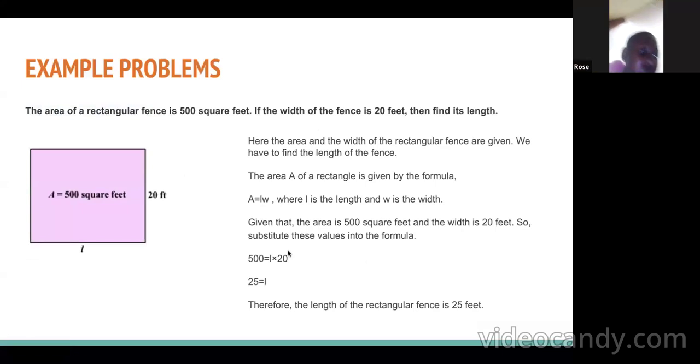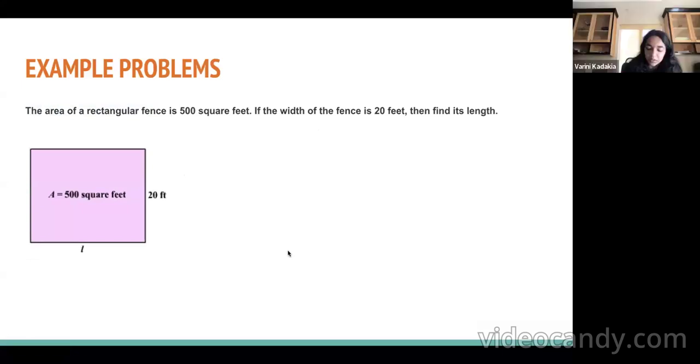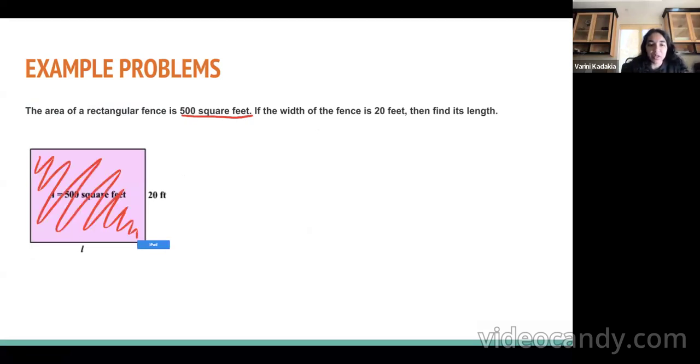Okay. So basically, I'm just going to re-explain this for anyone that has questions. The area of a rectangular fence is basically describing whatever is inside. So this pink part will be your area.